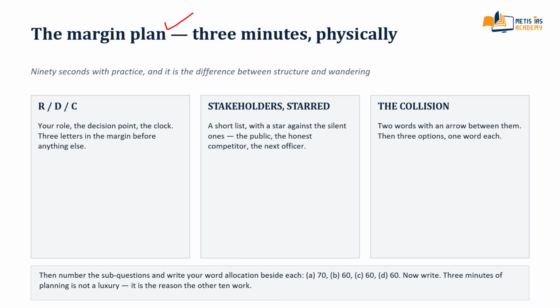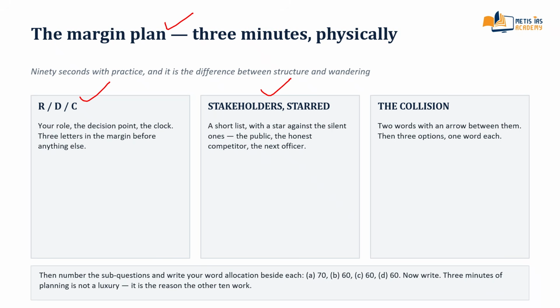So R/D/C. Your role, the decision point, the clock. A short stakeholder list with a star against the silent ones. The collision written as a pair, two words with an arrow between them, three options, one word each.